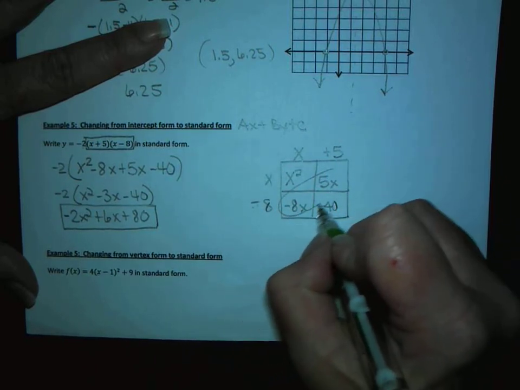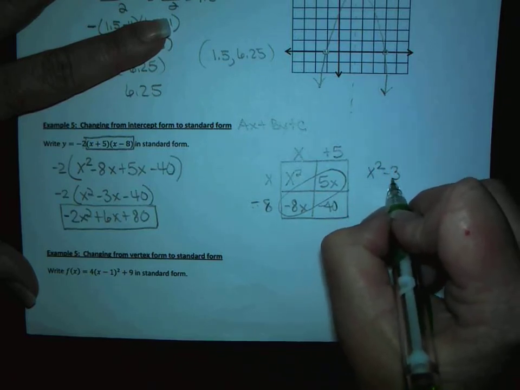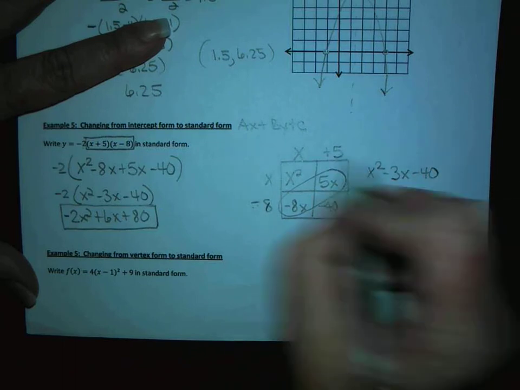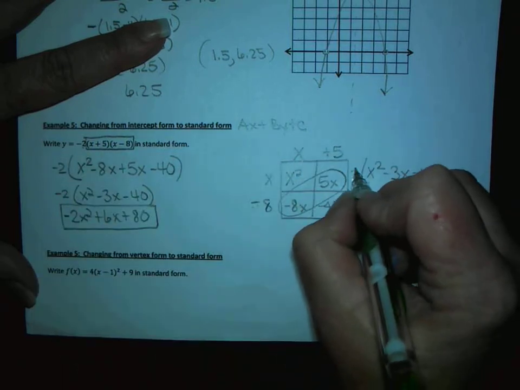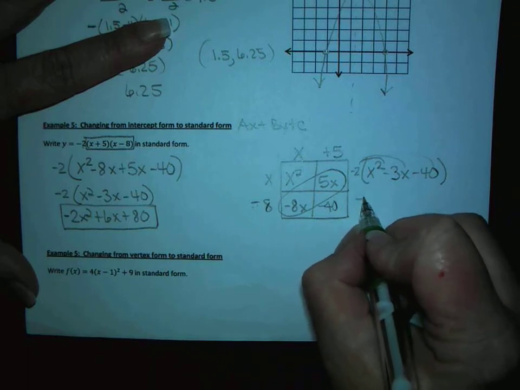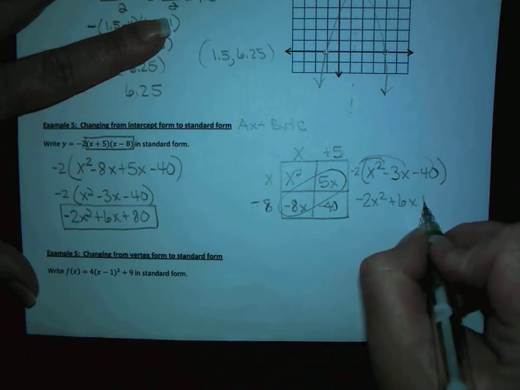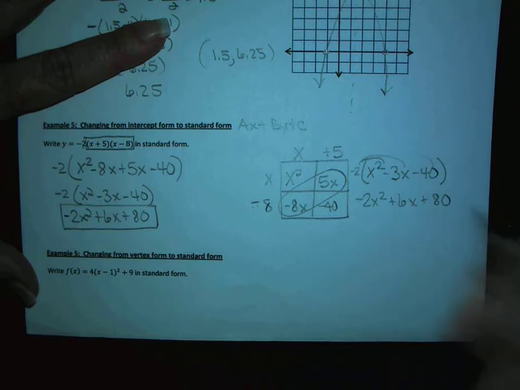Again, diagonals will combine, so you have x squared minus 3x minus 40, but don't forget that -2. And just like in the other way, you're going to have to distribute. So you're going to end up with -2x squared plus 6x plus 80.